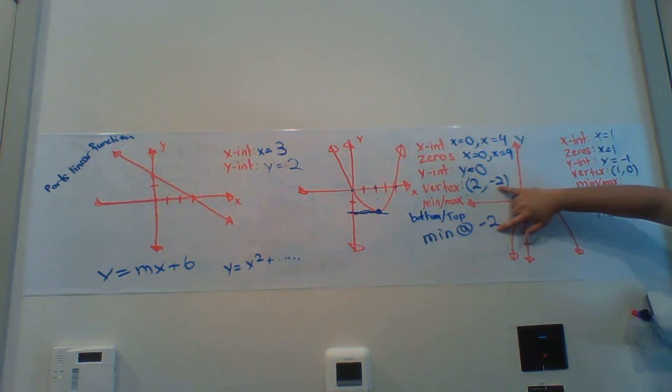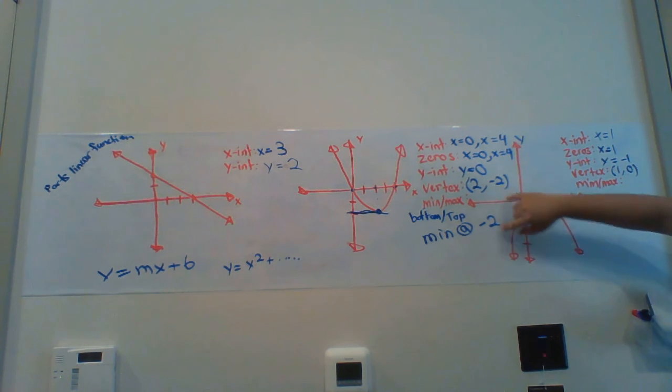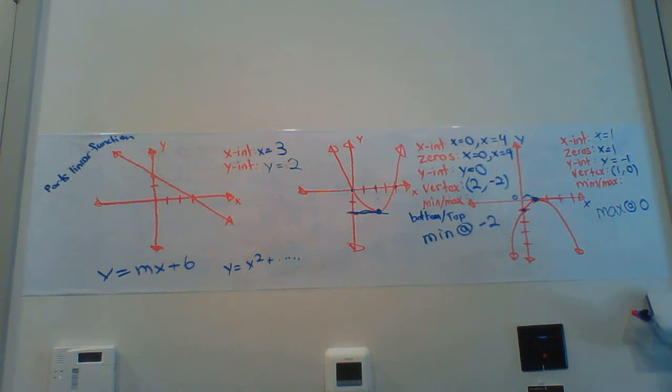You'll see right here, same thing. The minimum value and the y value of the vertex are the same. So that's just another way to look at things.